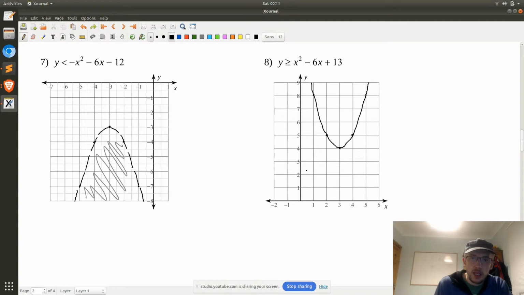Anyway, so it's everything above, but if you plug in the origin, you can see that's not true. So there you go. And now to check.